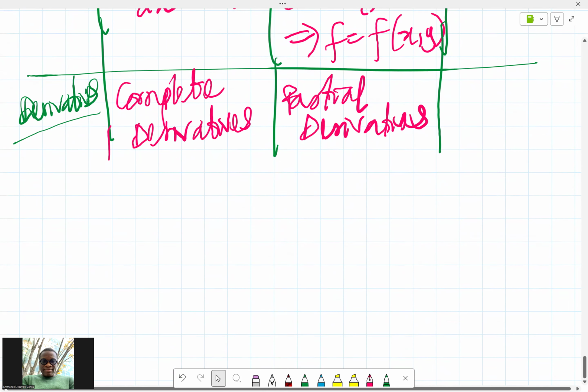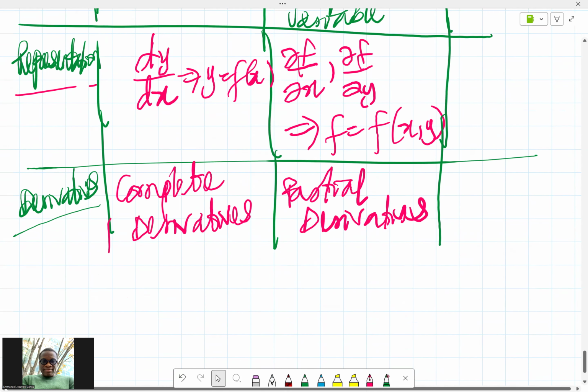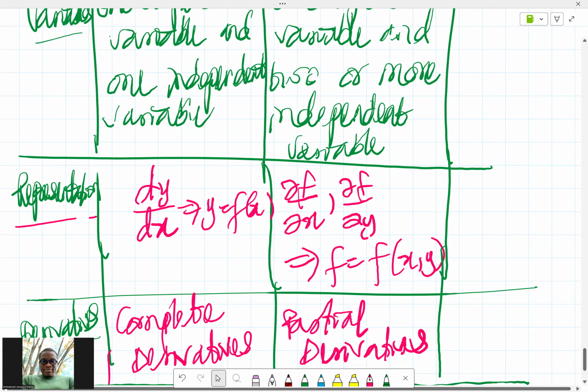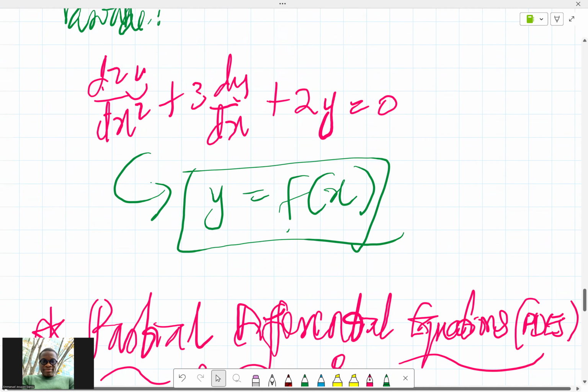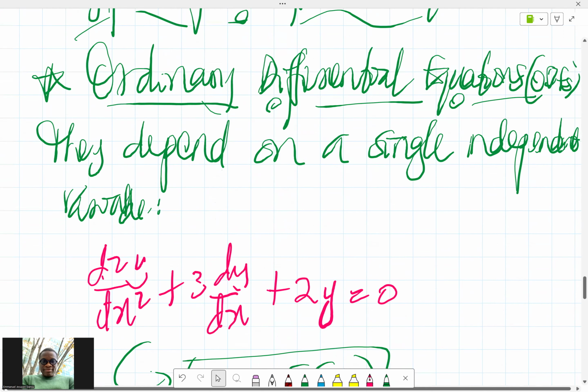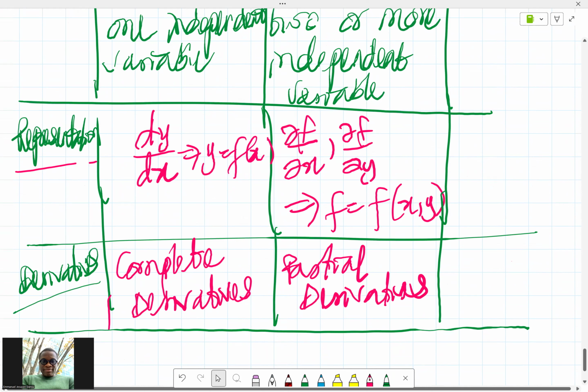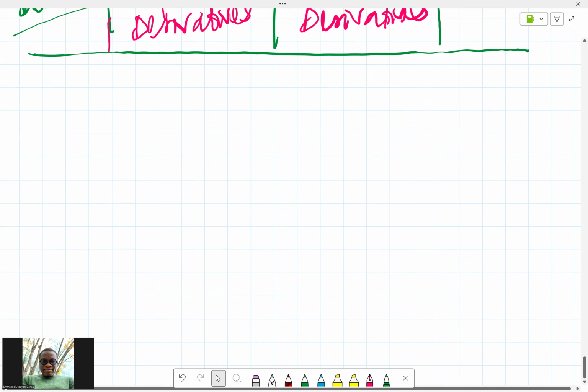There are other things we can talk about when we get to classifications, like whether they are initial value problems or boundary value problems. So come along, we're still going to talk about all of that. That's types of differential equations, basically ordinary and partial. For ordinary differential equations, you have one dependent variable and one independent variable. For partial differential equations, you have one dependent variable and more than one independent variable.